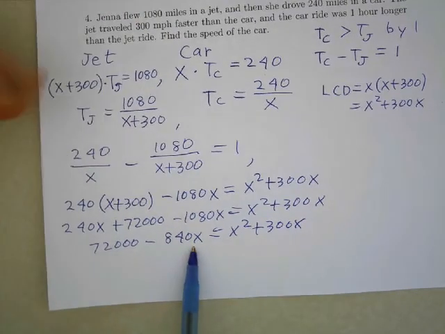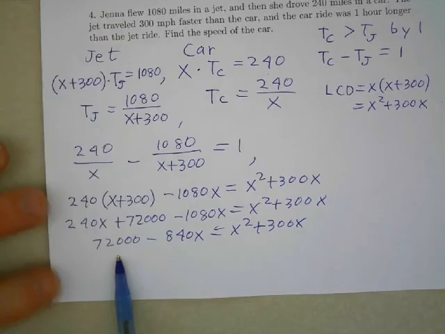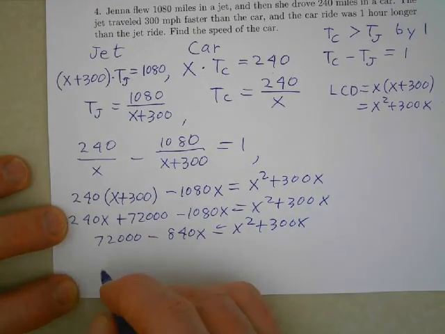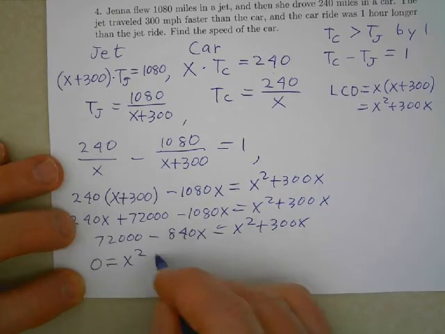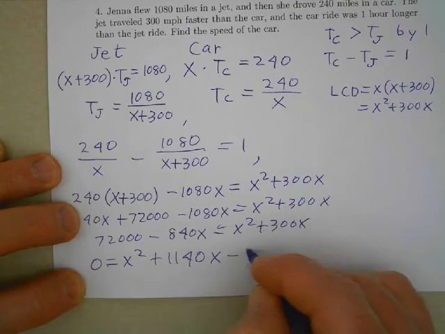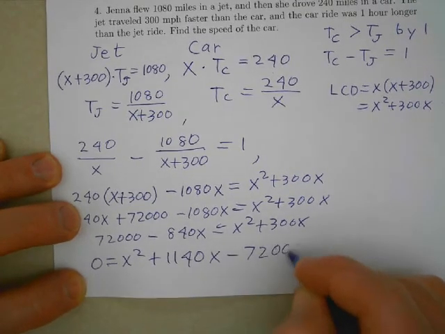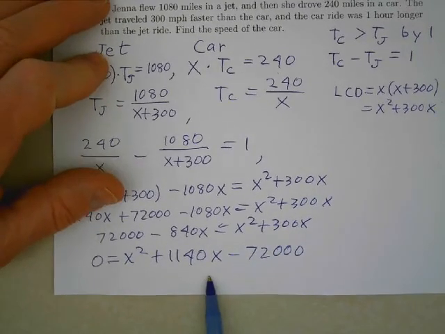We'll add 840x to both sides and subtract 72,000 from both sides, so we get 0 equals x squared plus 1140x minus 72,000.